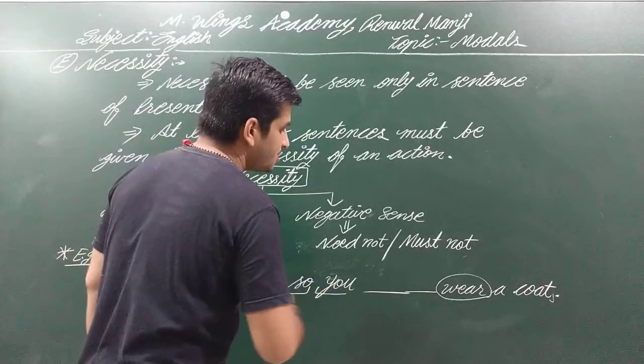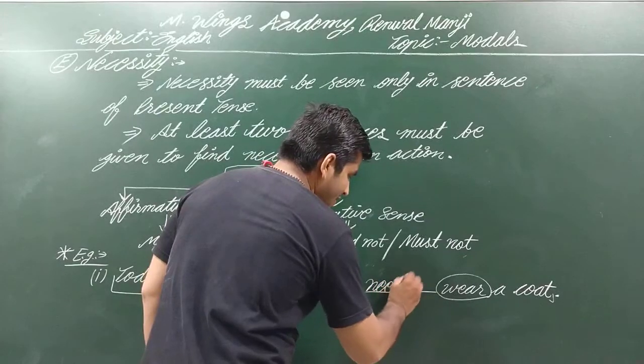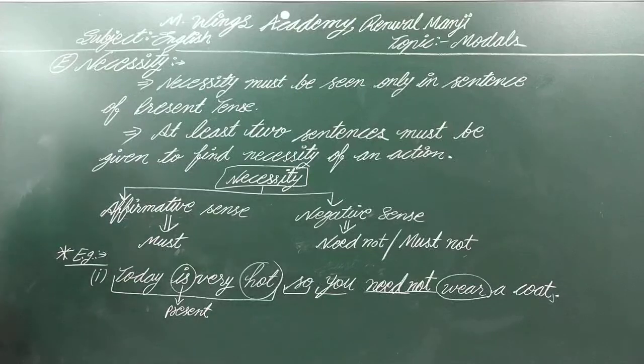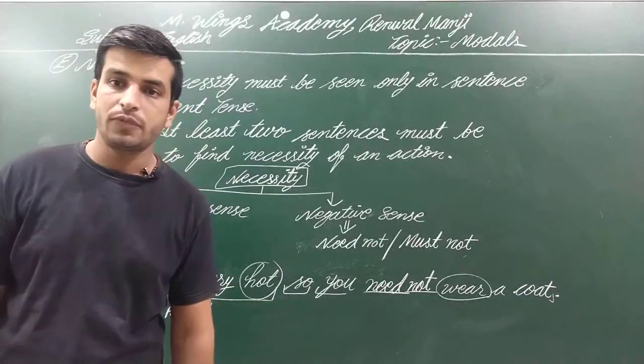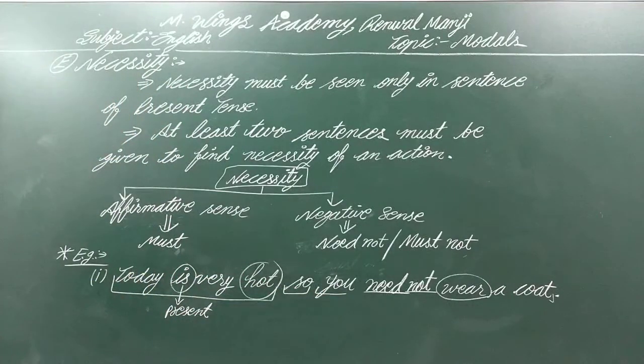If it is a negative sense sentence, then we give preference to need not. So we write need not here. So in such a condition we can use need not, must not, otherwise must. It depends on the necessity of an action that you can see in the second part of the sentence. Thank you.